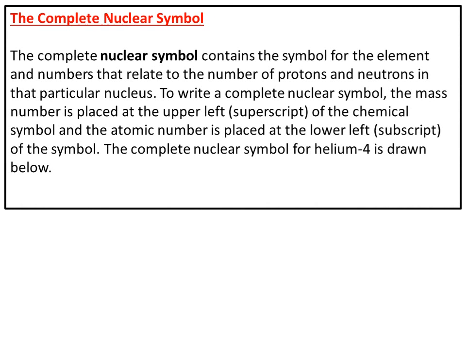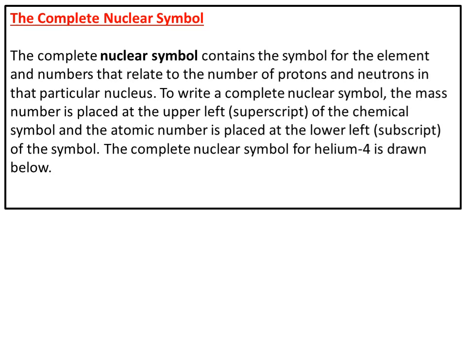The complete nuclear symbol contains the symbol for the element and numbers that relate to the number of protons and neutrons in that particular nucleus. To write a complete nuclear symbol, the mass number is placed at the upper left of the chemical symbol and the atomic number is placed at the lower left of the symbol.